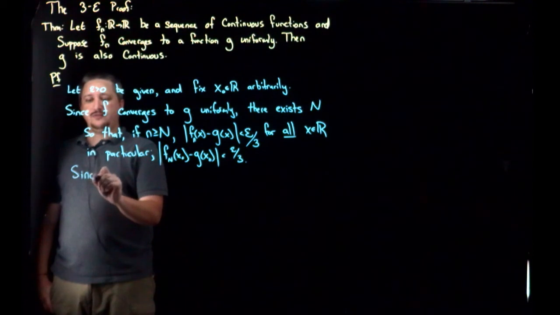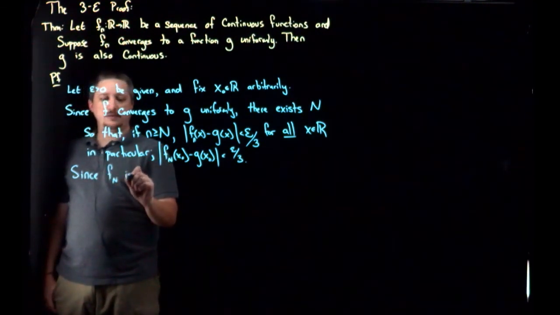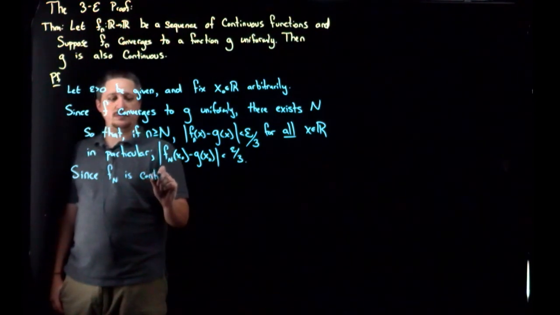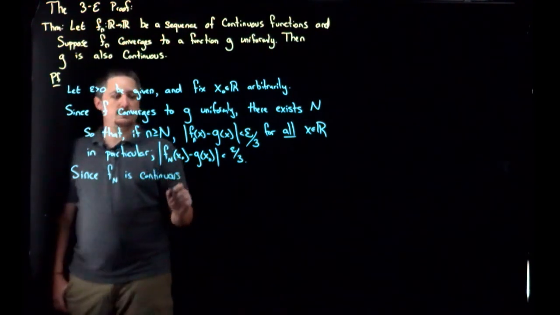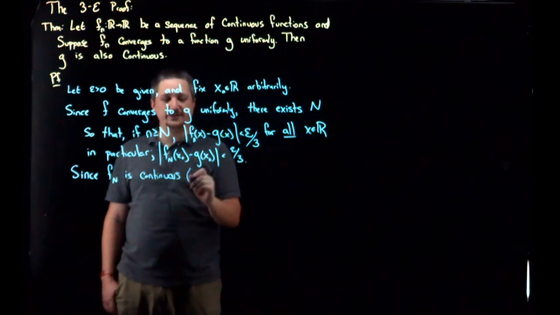Now, since f_N is continuous, now it's continuous everywhere, right? It's a sequence of continuous functions. Specifically, it's continuous at x naught.